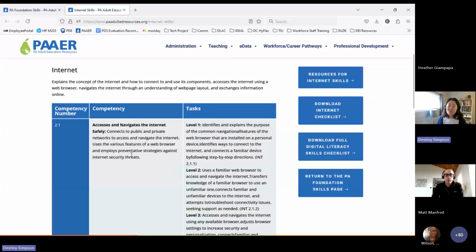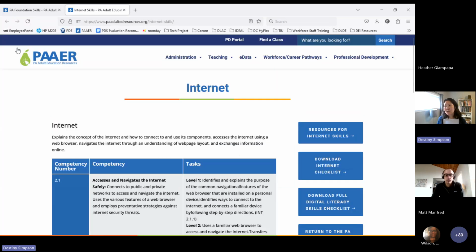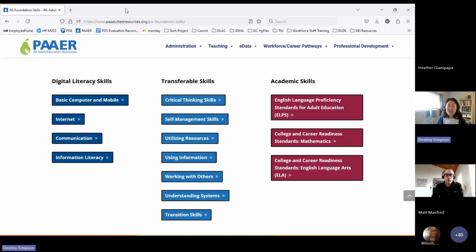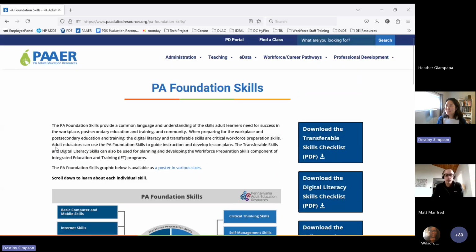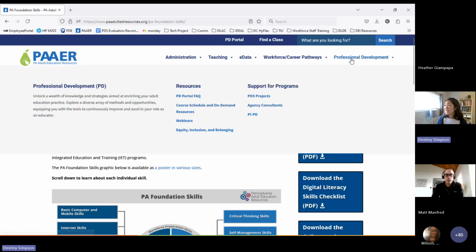It also can be a great tool for teachers as they're helping to develop lesson plans and to see what skills should I be focusing on and what do those skills look like. So this is a great resource for teachers, student support coordinators, tutors to help see what are the skills that our adult learners need.